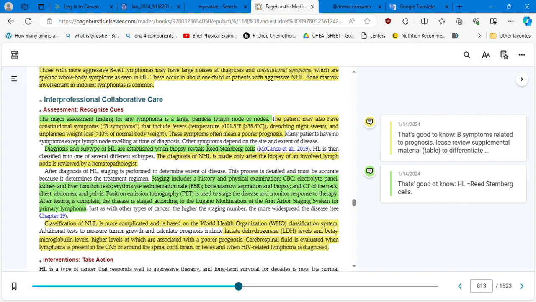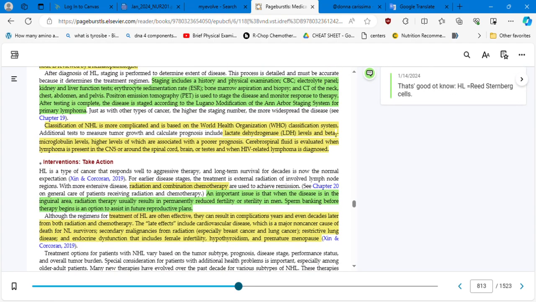After testing is complete, the disease is staged according to the Lugano modification of the Ann Arbor staging system for primary lymphoma. Okay. Classification of non-Hodgkin is more complicated and is based on the WHO classification system, but they consider the lactate dehydrogenase, which is a marker for inflammation as well, and beta-2 microglobulin tests, higher levels of which are associated with poor prognosis.